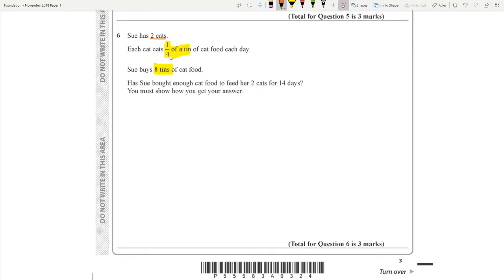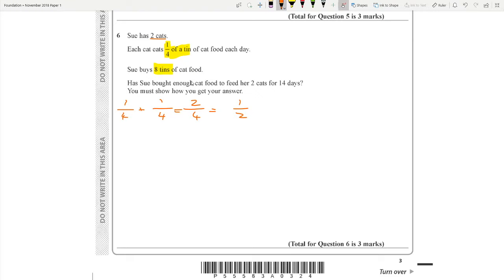So how much do the 2 cats get through in one day? It's going to be a quarter. That's what one cat's going to eat. The other cat's also going to eat a quarter. So the answer is 2 quarters, which is basically a half. So each day she goes through half a tin.